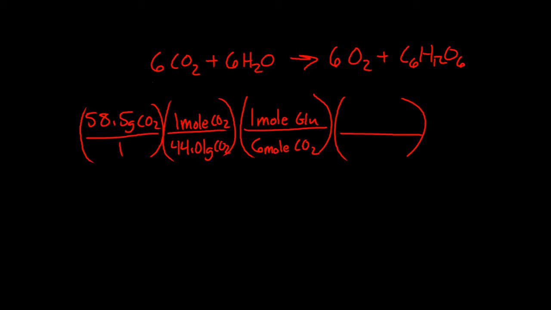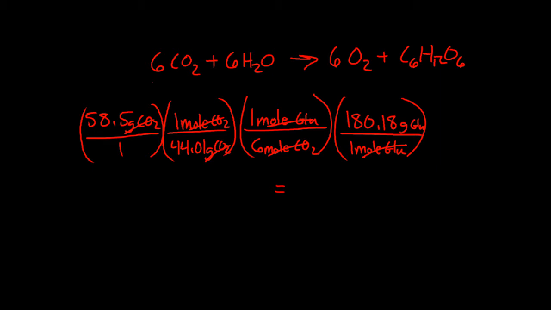So if you add all those together, you get for every mole of glucose 180.18 grams of glucose. And so if I check my units here, grams of CO2 cancel, moles of CO2 cancel, moles of glucose cancel, leaving me with grams of glucose, and I have a whole bunch of stuff to type in here.